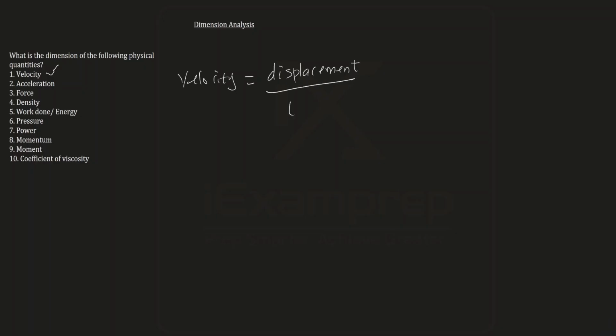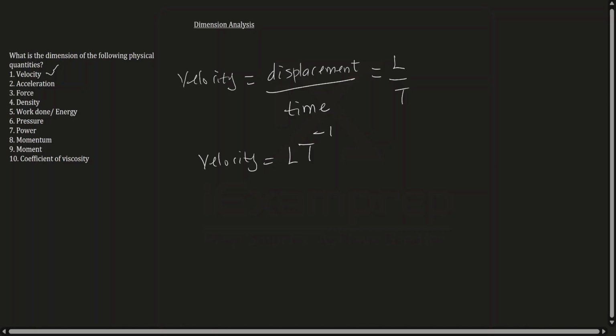So if velocity is displacement over time, what is the dimension for displacement? The displacement is distance in a specific direction. The dimension for displacement will be L, and dimension for time will be T. Putting it together, dimension for velocity is going to equal LT to the power of minus 1. So that is the dimension for velocity.